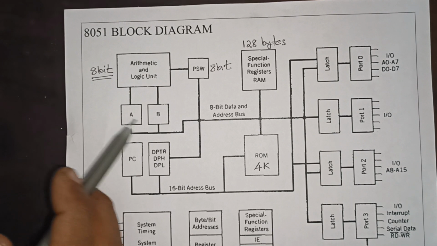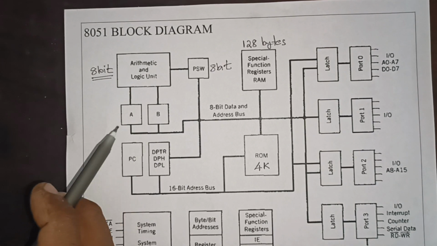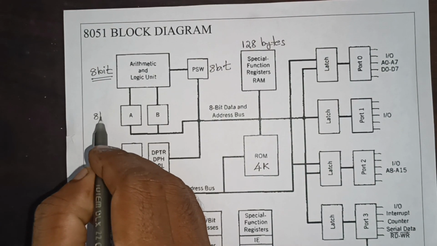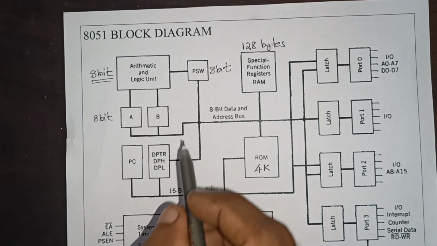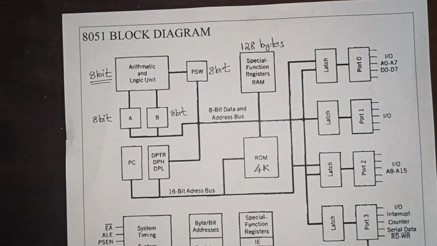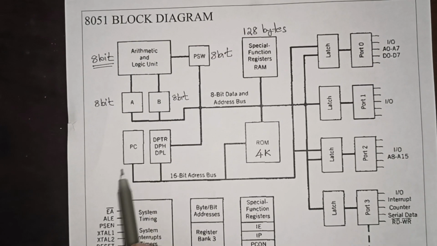Then we have two registers, A and B. B is a general purpose register, but A is the accumulator. This is 8-bit. B is also 8-bit. Then we have program counter and DPTR. Actually, program counter is used to store address, not data. It's used to store address of the next instruction in our program.